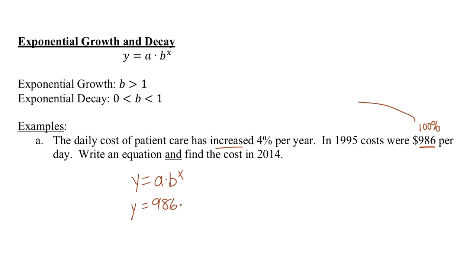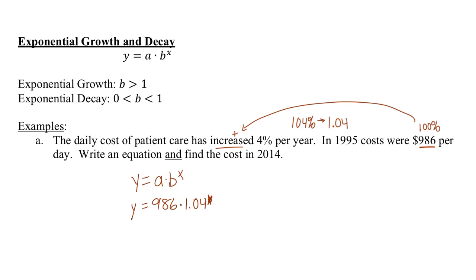And every year since, we've added 4%. So my ratio here, my b, is going to be 1.04, or 104%, which we would have to write as a decimal. So if you remember back, a percent can't go into a regular equation. We have to change it instead to a decimal or a fraction.